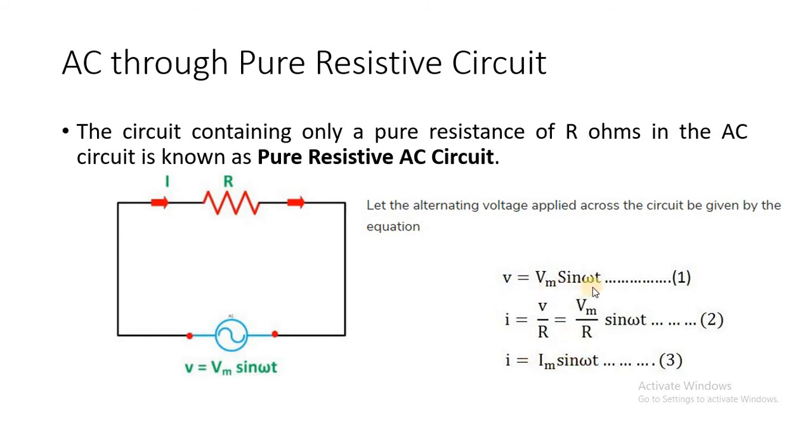So equation 1 represents the instantaneous equation of the applied voltage, that is V equal to Vm sin omega t, and equation number 3 represents the instantaneous equation of the current flowing through the circuit, that is I equal to Im sin omega t, and equation number 2 gives the value of Im, that is the amplitude or maximum value of the current, equal to Vm upon R.